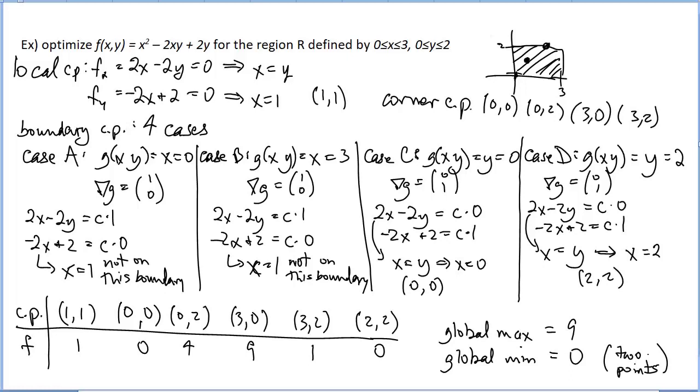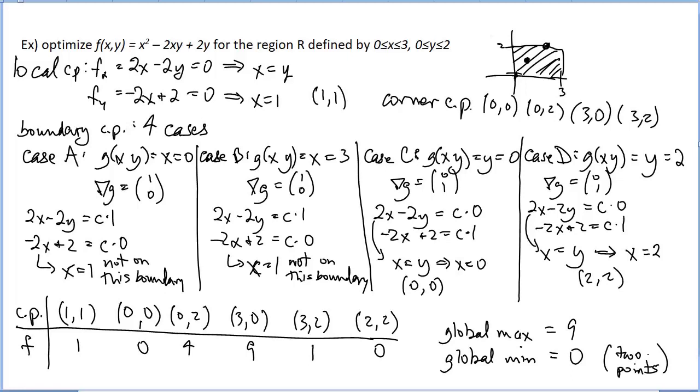So we've optimized the function by finding both its global max and its global min. Notice that in order to do this, we had to find local critical points and corner critical points and boundary critical points, and then we just compare the function values. Okay, so that's basically everything we've learned about optimizing, all wrapped up in a single problem.